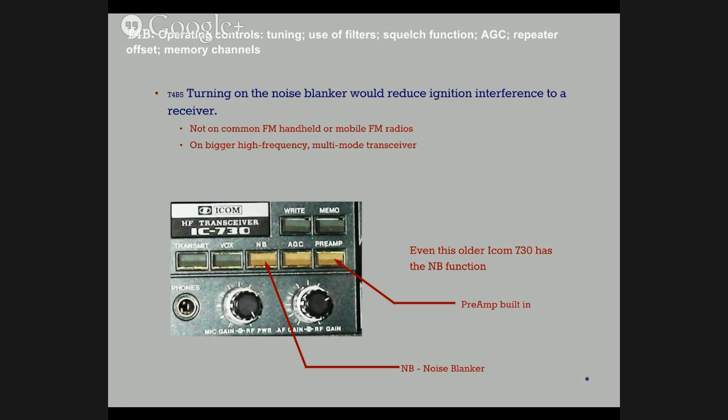And a lot of HF multimode transceivers have a feature called a noise blanker, which can significantly reduce static noise introduced by local sources. Generally very handy.